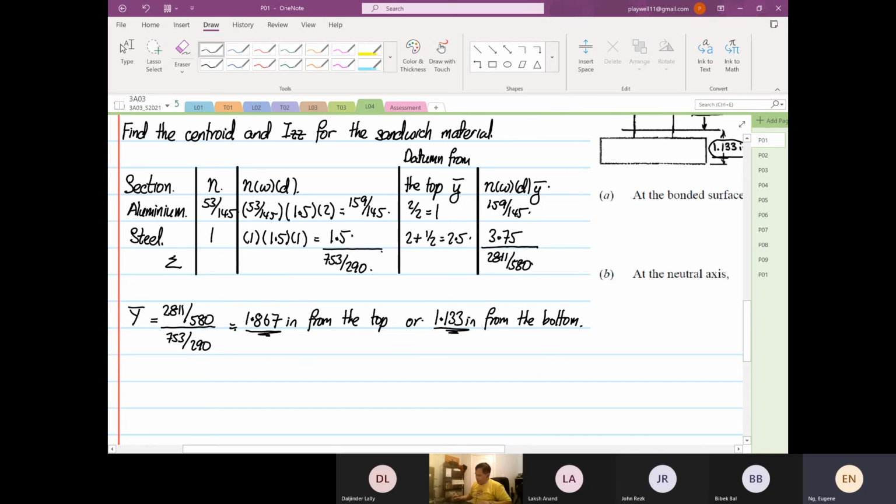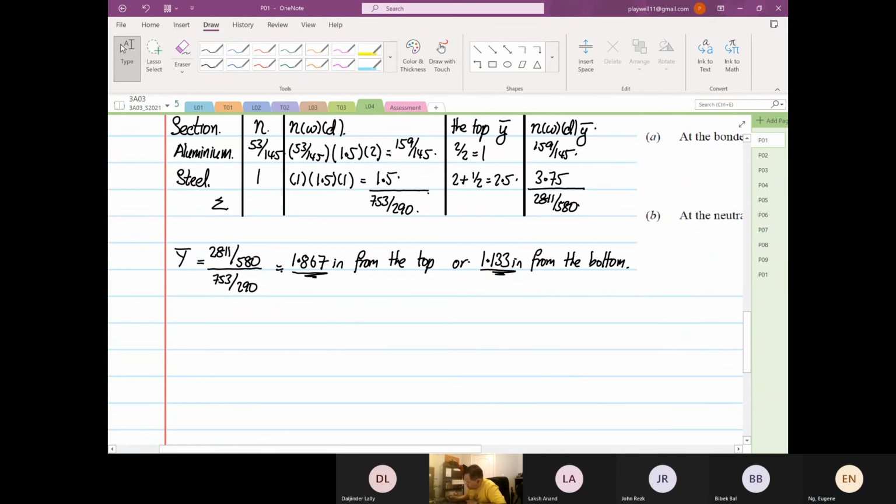So we're going to find the I, the second moment of aluminum, and the second moment of steel. The I of aluminum is equal to 53 over 145 multiplied by width 1.5 times 2 cubed divided by 12. It's the same as composite material in bending; the second moment of area is still the same.